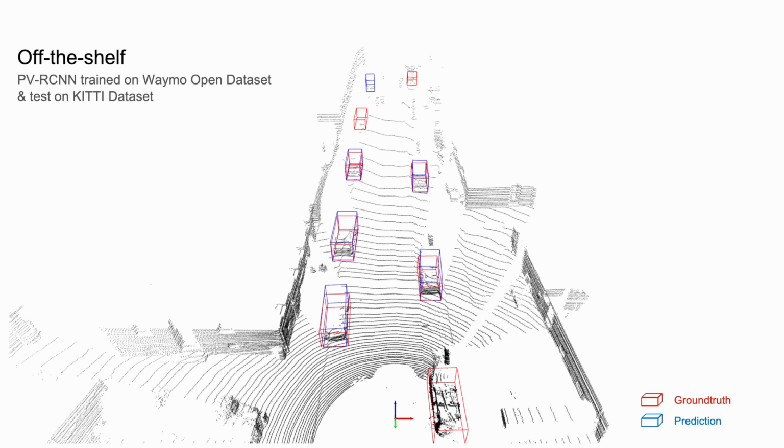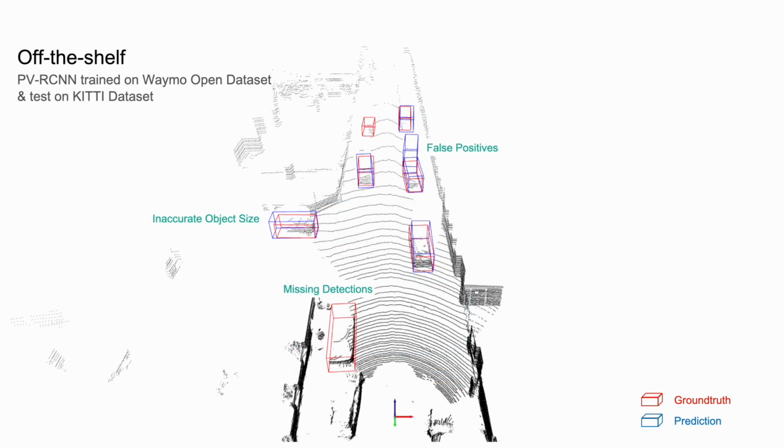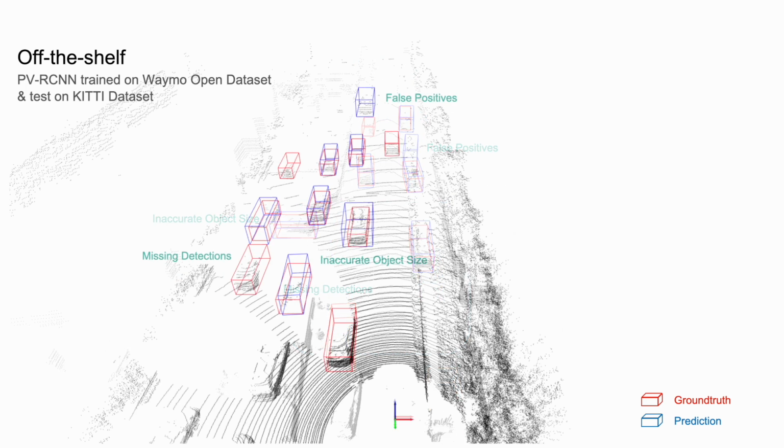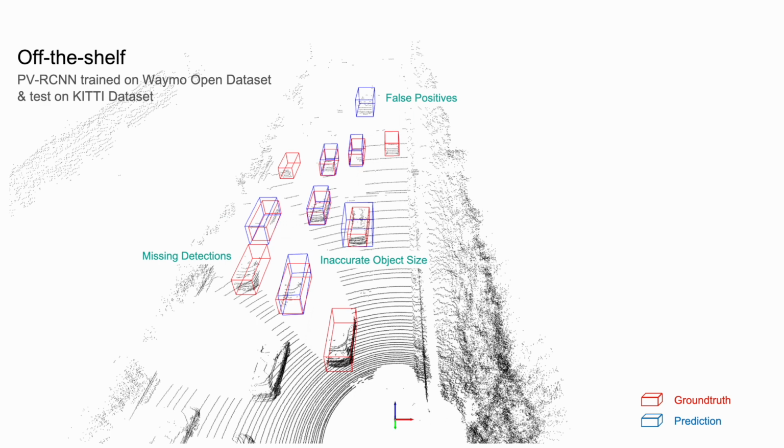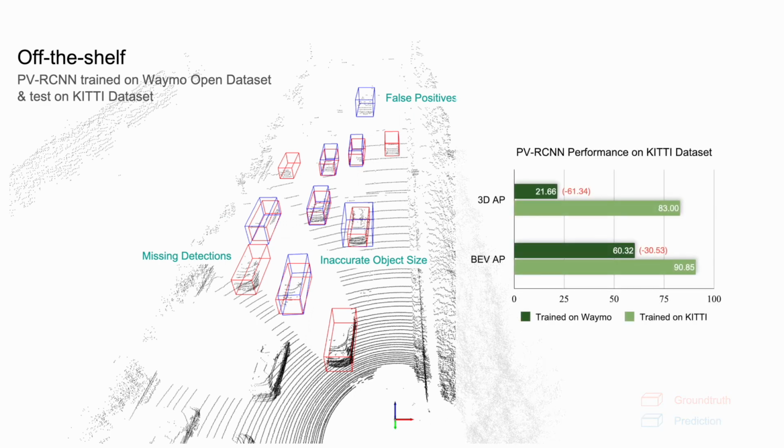We have encountered quite a few false positives, missing detections, and inaccuracy in object size. So the performance gap between the detector trained on Waymo and the detector directly trained on KITTI is significant.